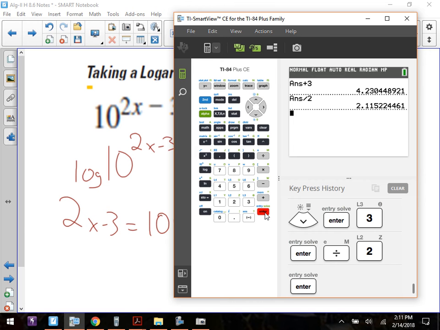So in order to solve some of these types of equations, what do you have to have with you? Calculator. Okay, correct. What's that? 2. Always go 2 decimals, please. So this one would be 2.16. Okay, let's go with 2.16.